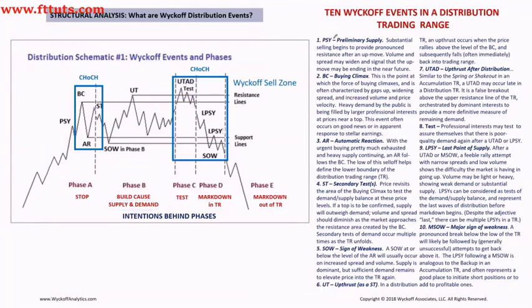As usual, I'm giving you the definitions and the characteristics of all of the Wyckoff events in the distribution range. This is something that I want you to print out, to have in your library, and to study as a homework assignment, and obviously to remember those characteristics.